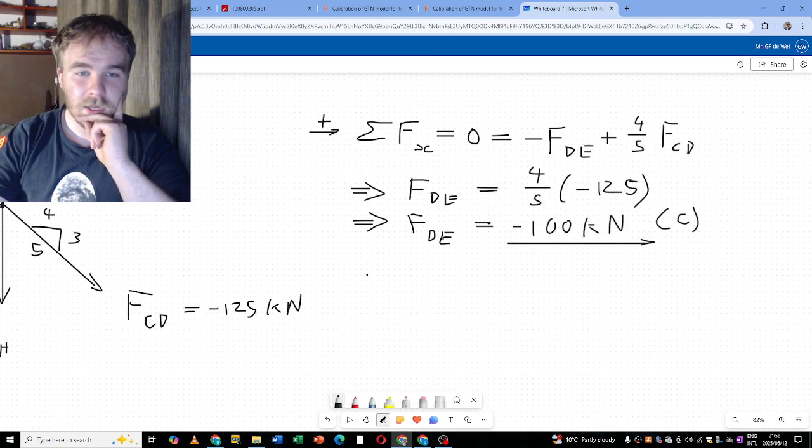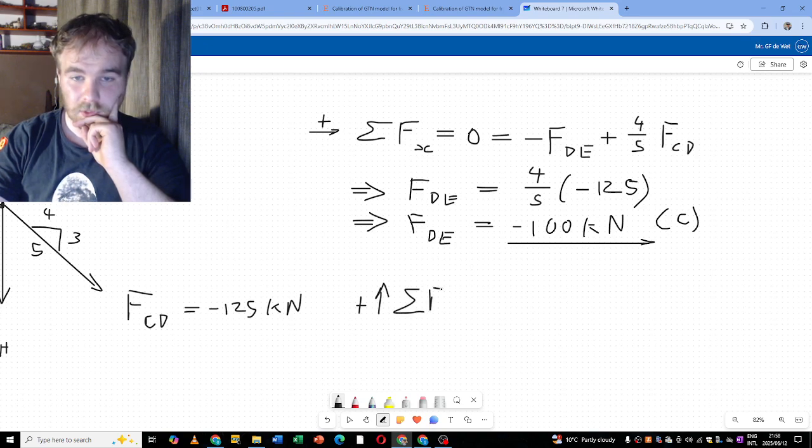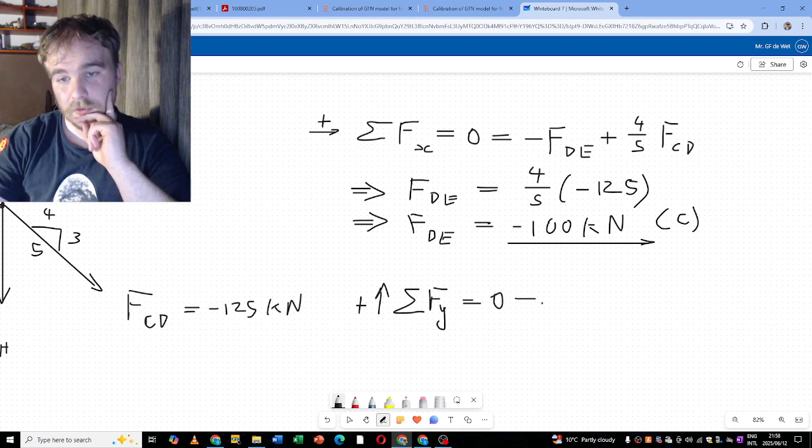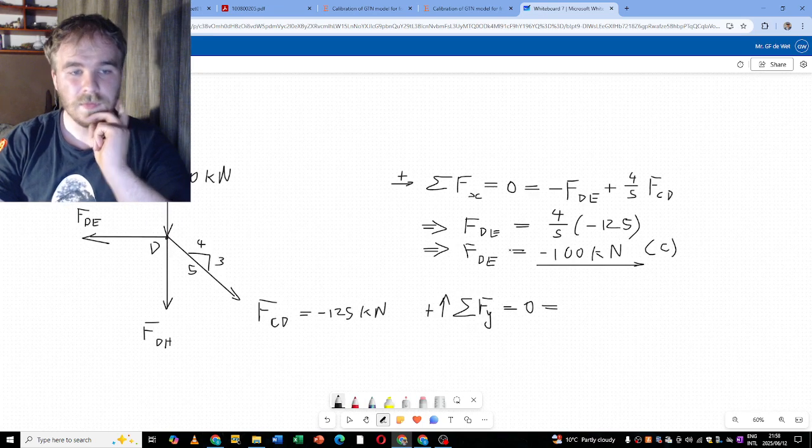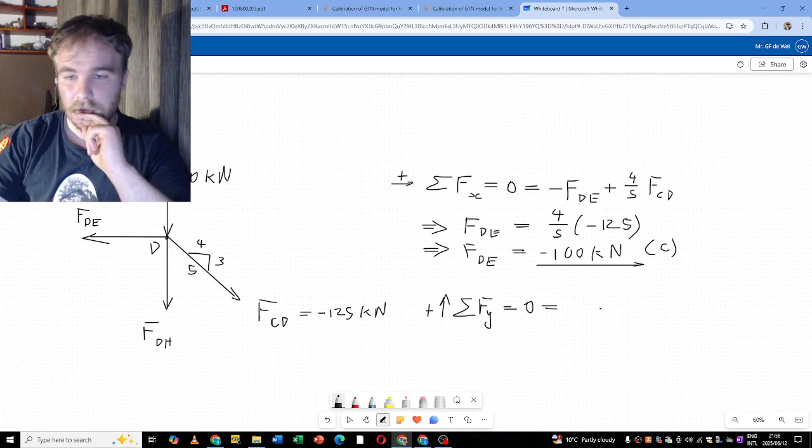Okay, let's now do the y direction as well. Sum of forces in the y direction is 0, and it is equal to, okay, negative 50.